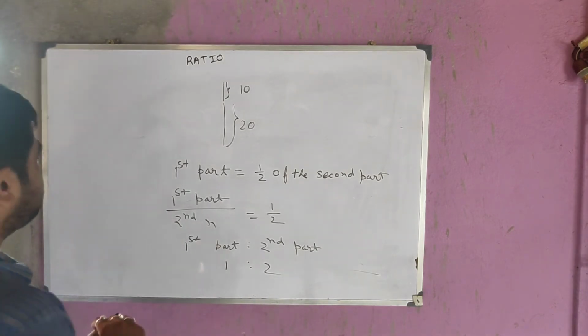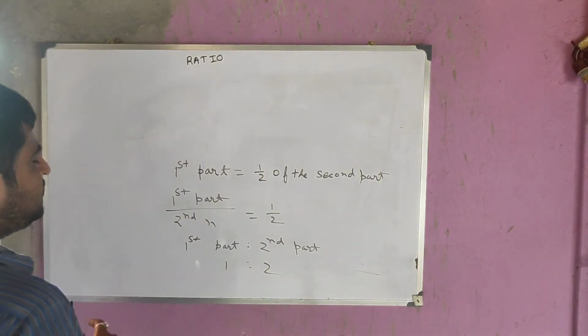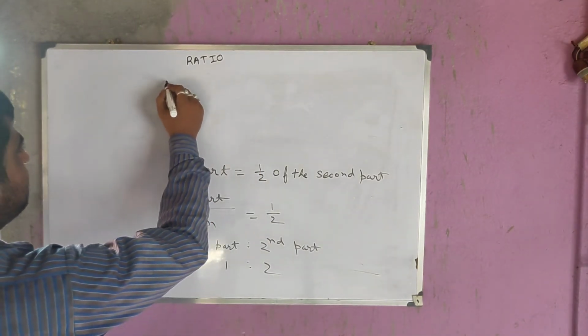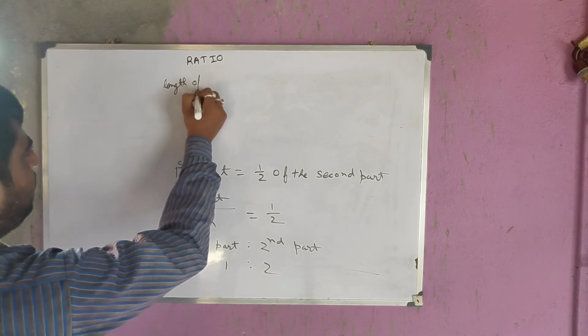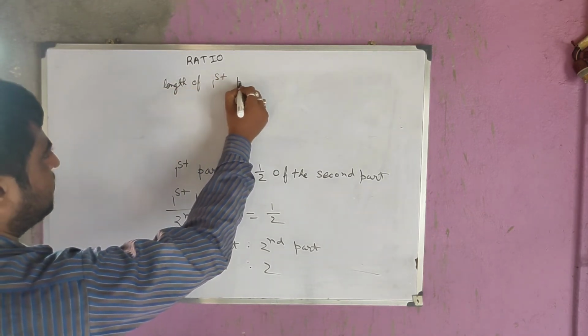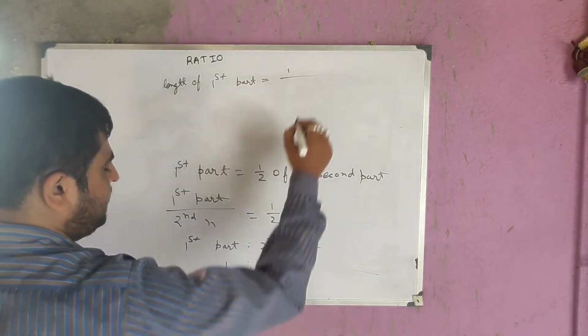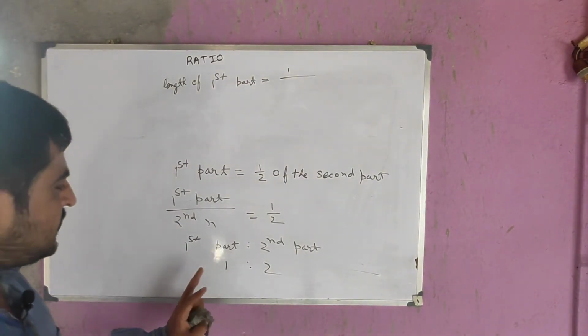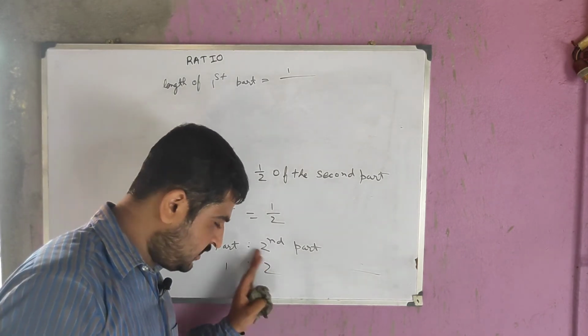So the length of the first part, how much will it become? Total length is how much? Total length is 3. So the length of first part equals 1 by how much the first part shares in the total ratio.